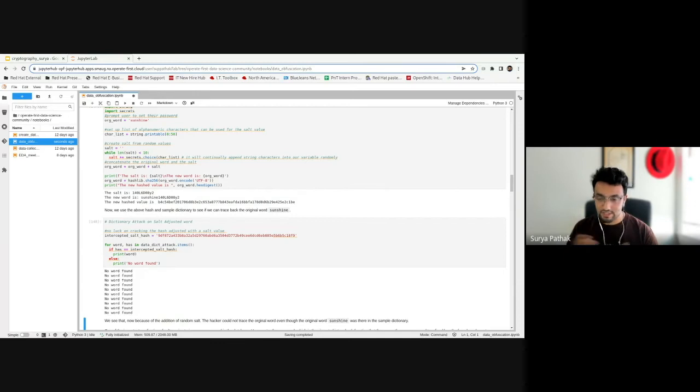Now, what is the problem now? We have sorted the issue of retrieving from the dictionary attack as well. But with the advancement of CPUs and GPUs, it may take one day for a hacker to retrieve the information. With the use of salt, it might take them 1 week.